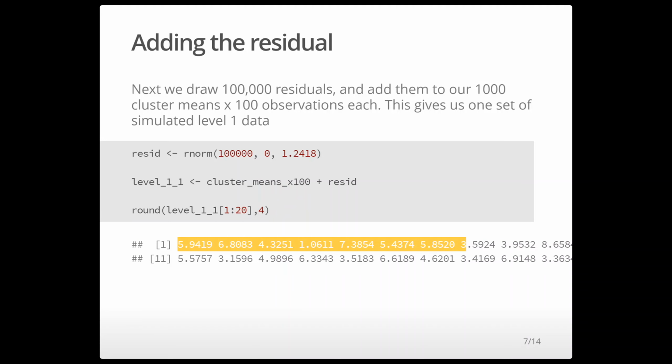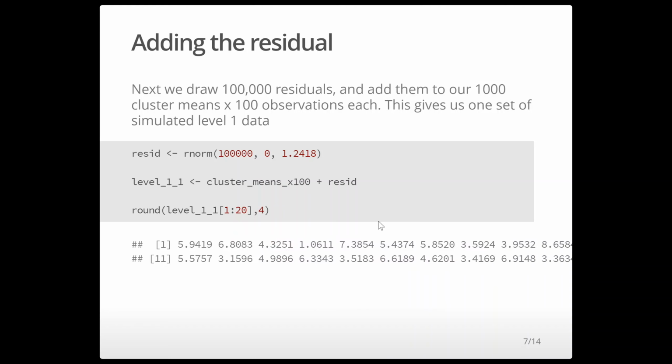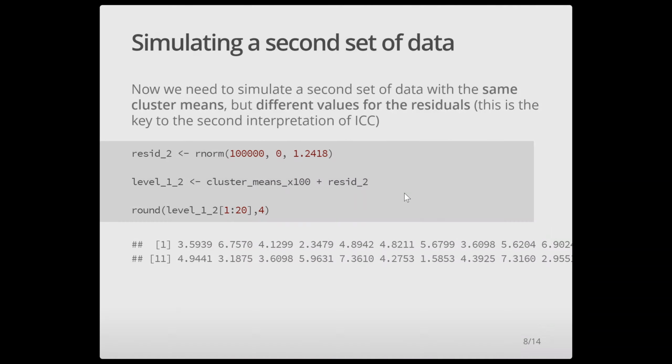We see that we have lots of different values here. So it looks like our simulation for our first set of data was successful. Now what we have is a simulated set of observations: 100,000 observations from 1,000 different clusters in this level 1 variable.